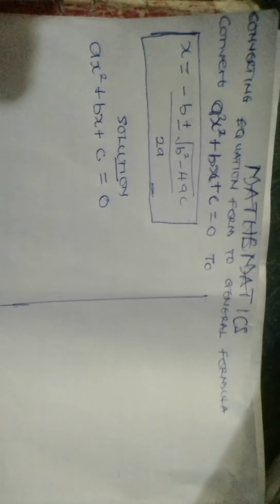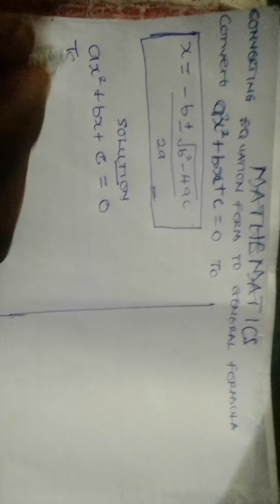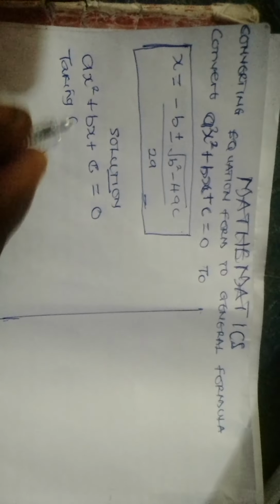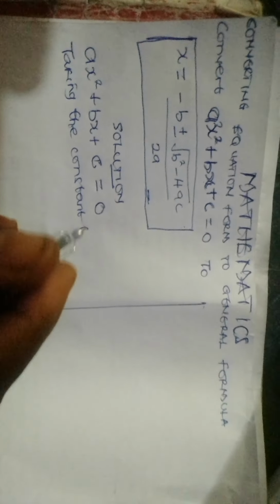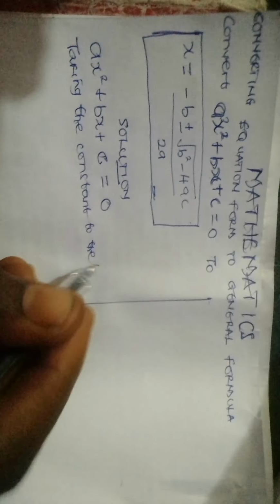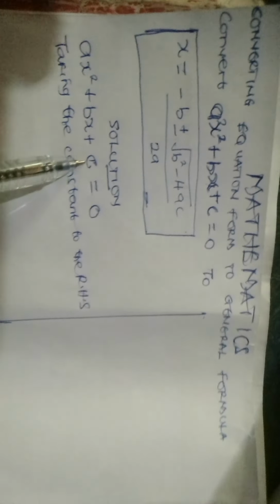Okay, now from this, follow my steps. The first step is taking the constant to the right hand side. This is a constant, the one that is standing alone, taking it to the right hand side.